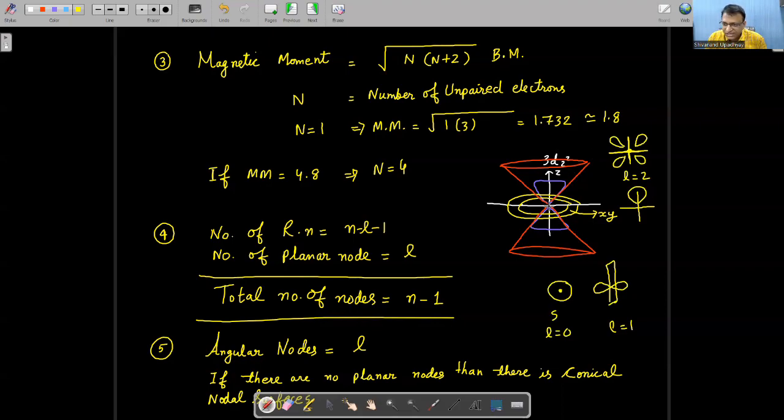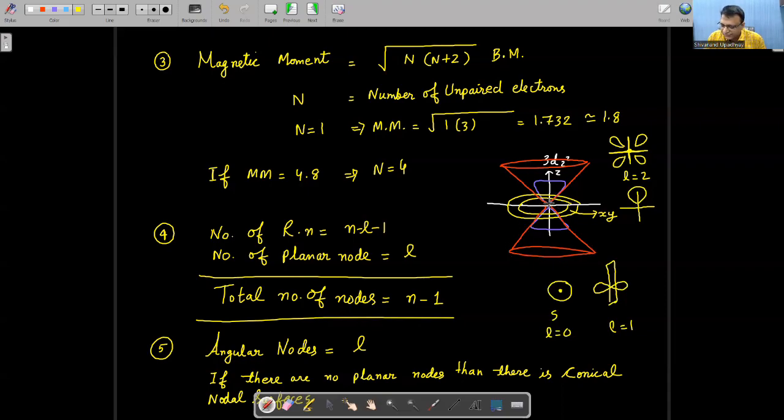The angular node is always equal to l. That angular node will be equal to the planar node in 3d xy, 3d x square minus y square, 3d yz, 3d zx. For those, the angular node is equal to the planar node. But in 3d z square there is no planar node. So this is a nodal conical surface, right?